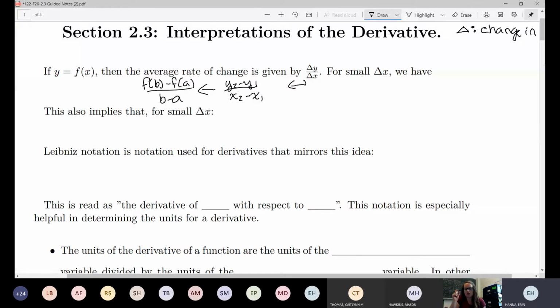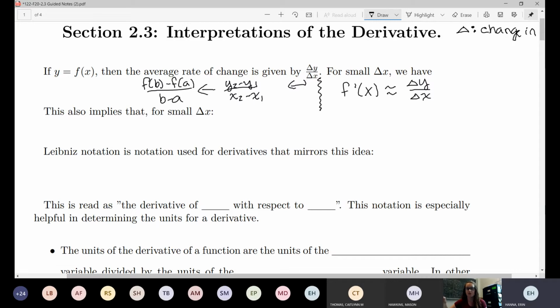So if the change in x is small, so the thing in the denominator turns out to be really, really small, something like 0.001, then that slope is going to give us an approximation for the derivative.